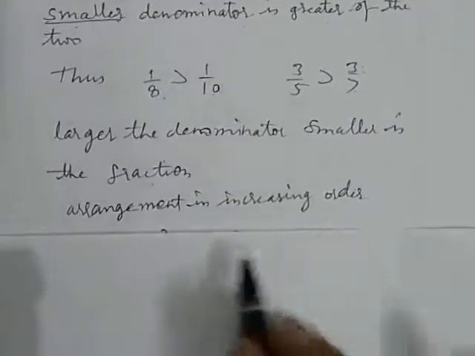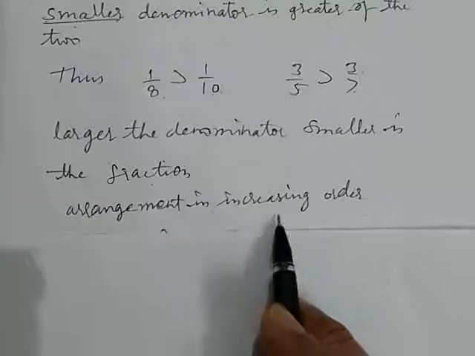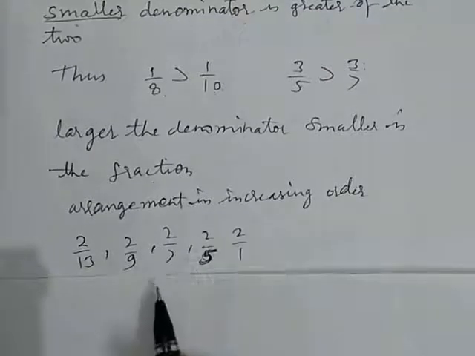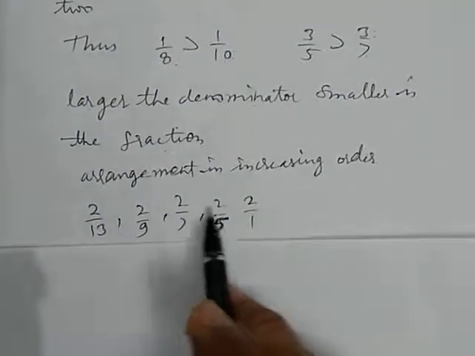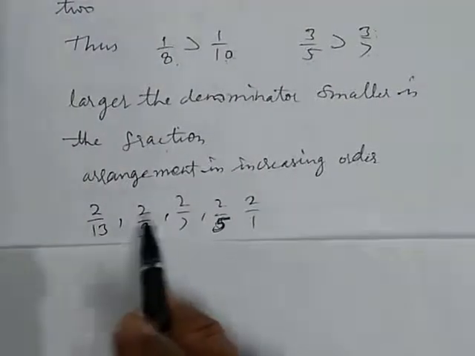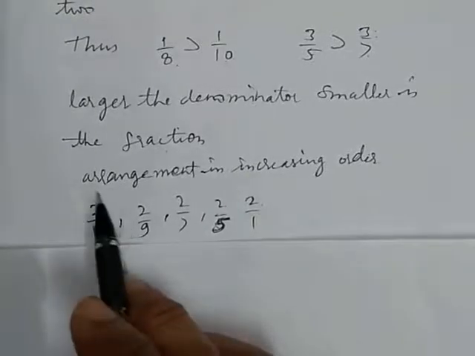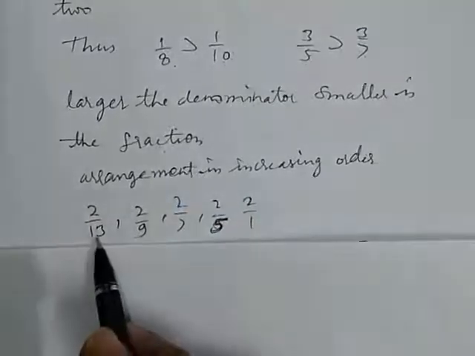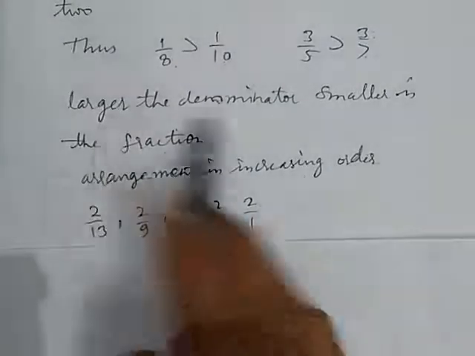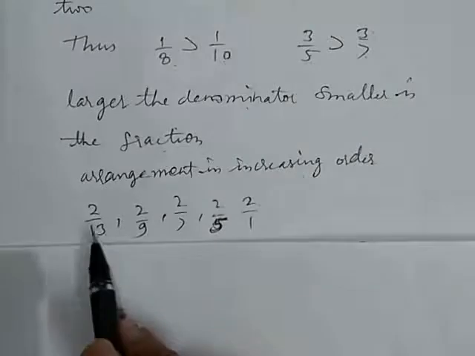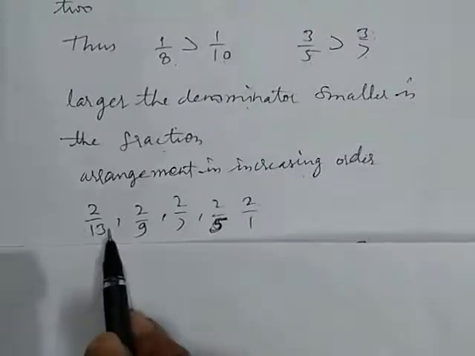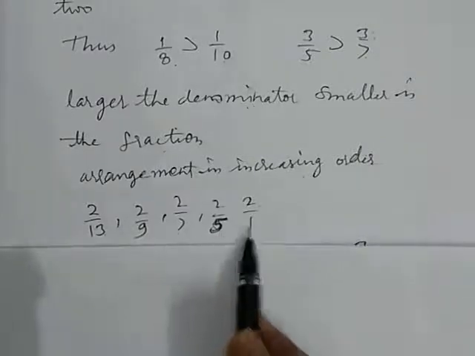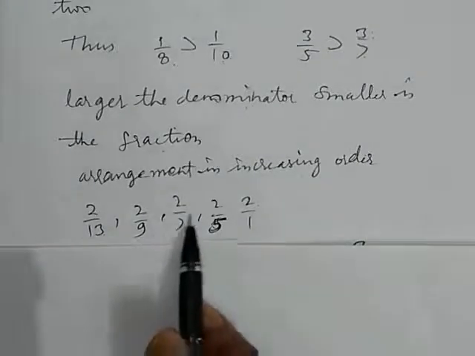Now we learn arrangement in increasing order. Okay, here all the fractions have the same numerator and we have to arrange them in increasing order. The fraction with the larger denominator comes first, because the larger the denominator, the smaller the fraction. Then the denominators reduce and the fractions become greater.